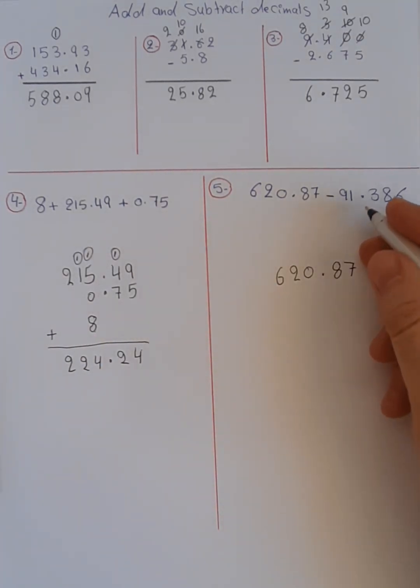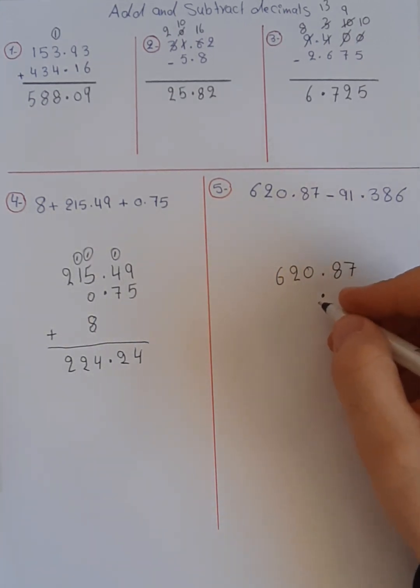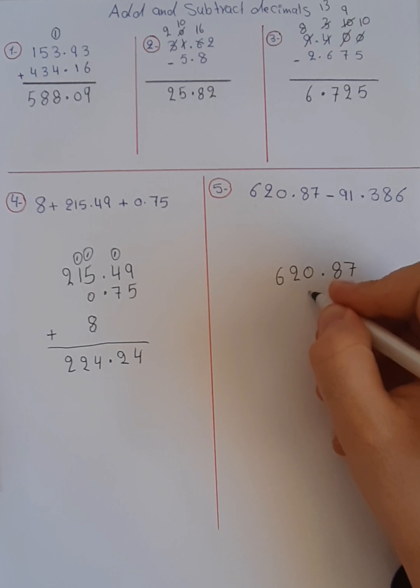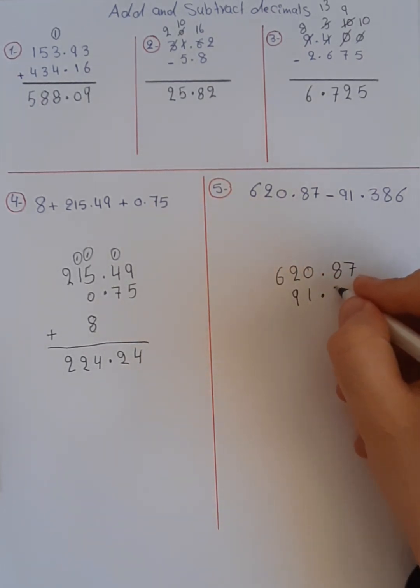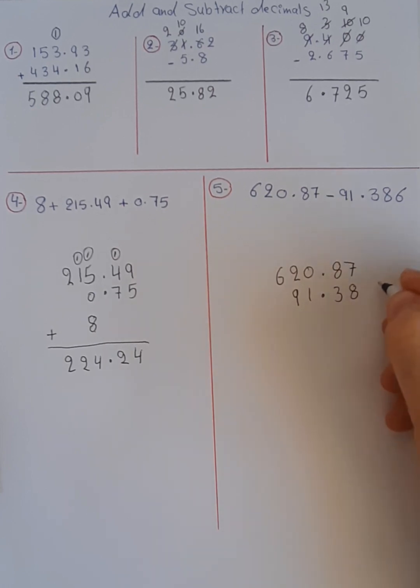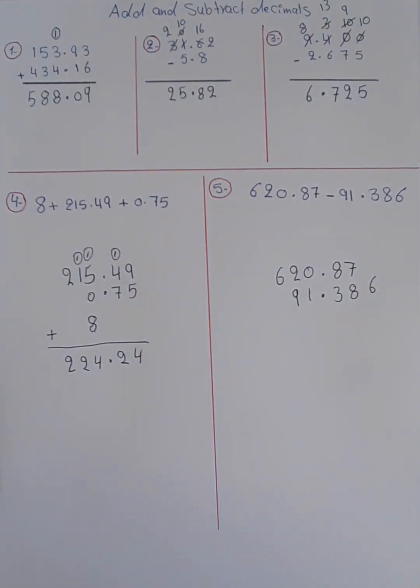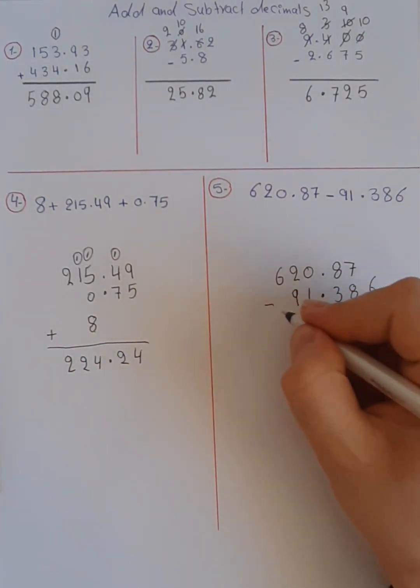We have to write the decimal point under each other, so write the decimal point, and then on the left side we have 1 and 9. On the right side we have 3, 8, 6, and subtract.